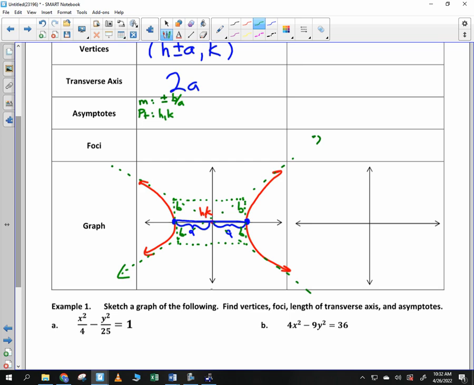So I'm going to write y minus my y1 value, which is k, equal to plus or minus b over a times x minus h. And that's the equation for my asymptotes.